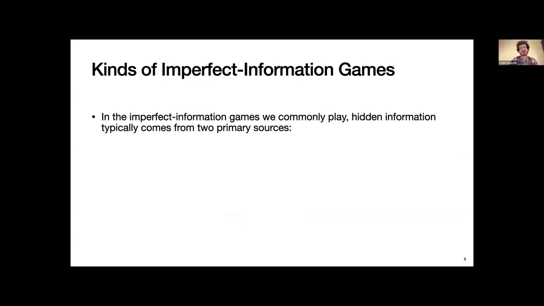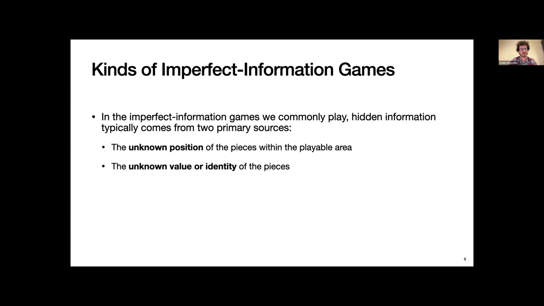And so we identified two primary sources of hidden information in imperfect information games that humans play. The first source is the unknown position of the pieces within the playable area. This kind encompasses games such as Battleship or Kriegspiel for chess.